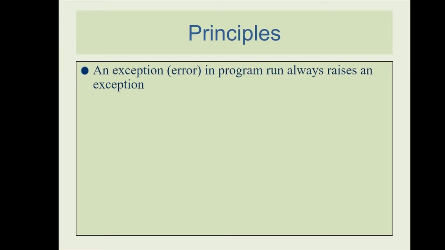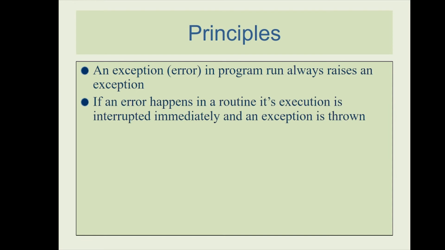I will now summarize the main principles of the exceptions. So the exception is an error or error message that is sent by the program whenever it detects a situation from which it cannot recover. So it means a situation in which the program does not know how to continue.